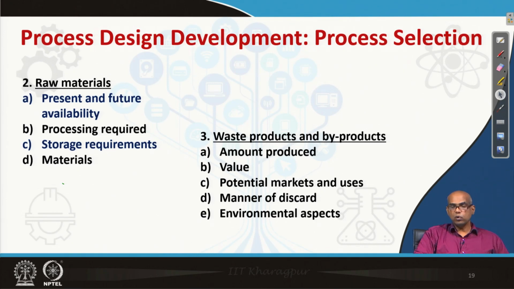Waste products and byproducts. The selection of process will depend on the amount of waste product and byproducts produced, the value of such byproducts if any, potential markets and uses, how will you discard waste, and environmental aspects.